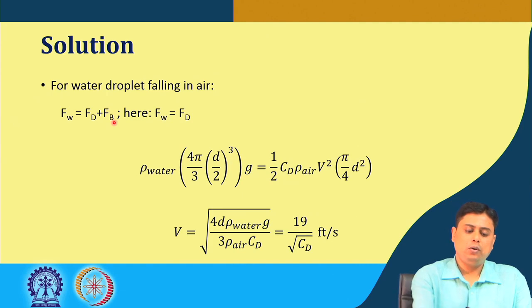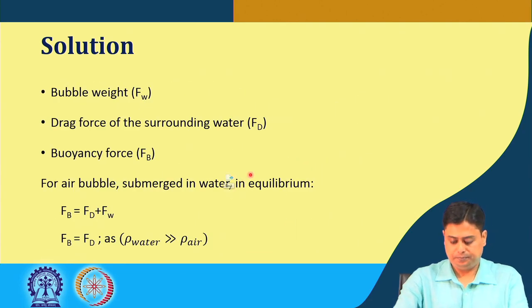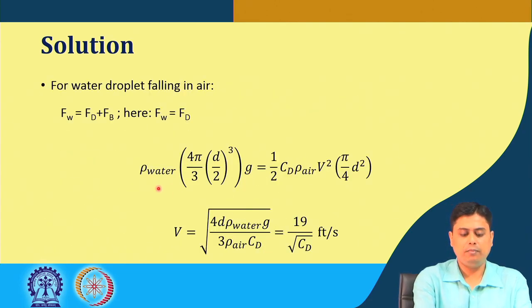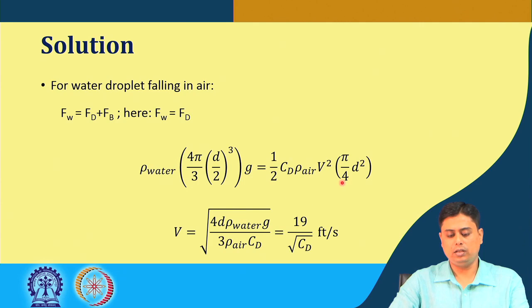So we write these two expressions again. This is the weight of the water droplet, basically mg, where m is rho multiplied by the volume, multiplied by the gravitational constant, and it equals the drag force acting on it.